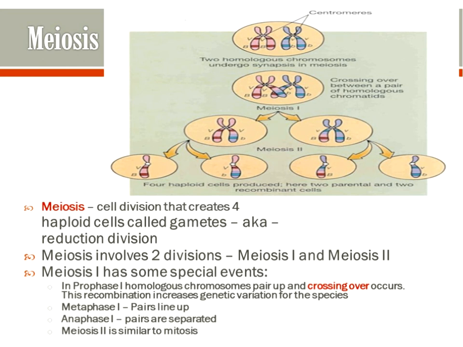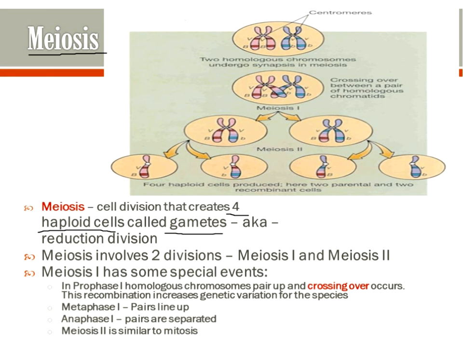Throw a little curveball here. Mitosis is very similar to meiosis, but they're also different. Remember, mitosis is regular body cells making more regular body cells. But meiosis is reproductive cells making more reproductive cells. Their cell division creates, instead of 2 cells, 4 haploid cells called gametes.